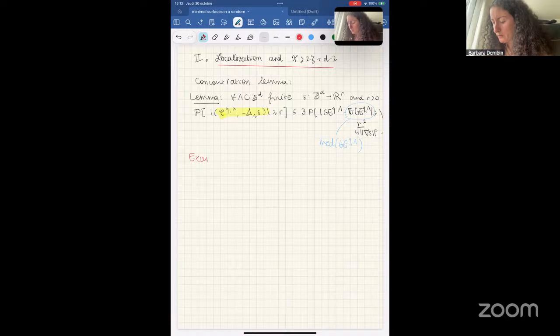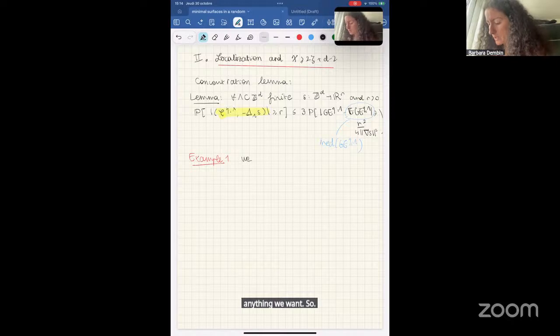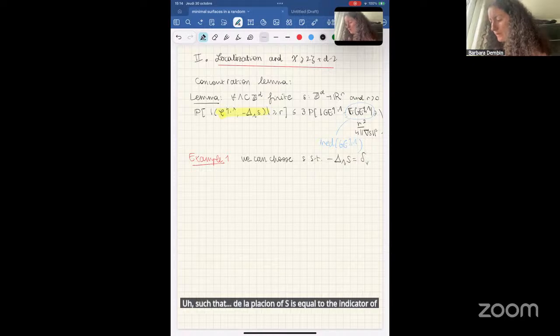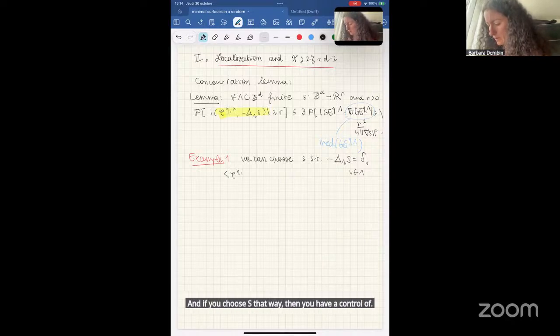So example 1. For instance, we can choose S. Again, we can choose S anything we want. So we can choose S such that the Laplacian of S is equal to the indicator of V, where V is in lambda. And if you choose S that way, then you have a control of phi eta lambda.